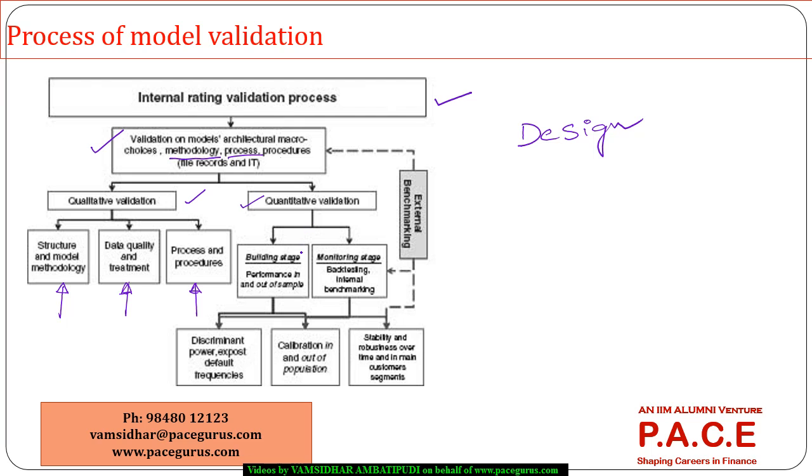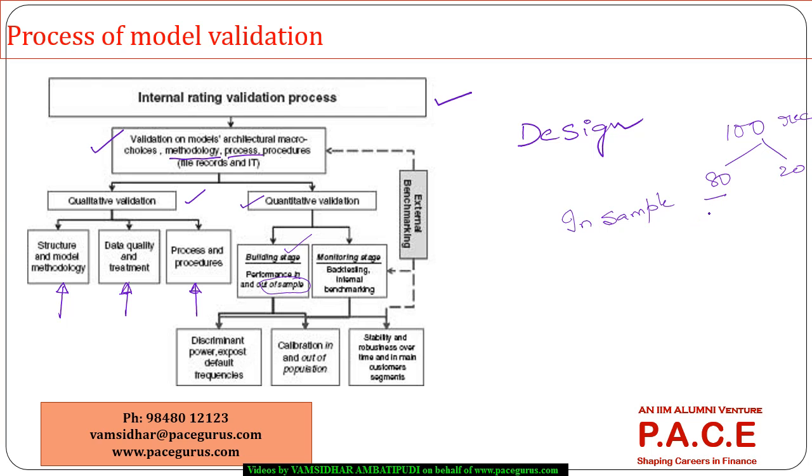Whereas when you are going into the quantitative validation, you are building a model and the validation is performed. The model is built with in-sample data. If you have data of, let's say, 100 records, you will first break it into, let's say, 80-20.